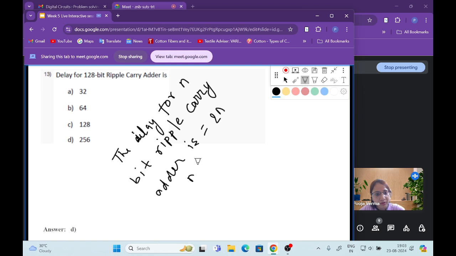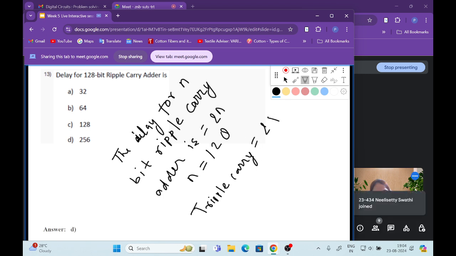Here n is given as 128. So for the triple carry adder, 2 into 128 gives 256. So the delay for a 128-bit triple carry adder is 256.